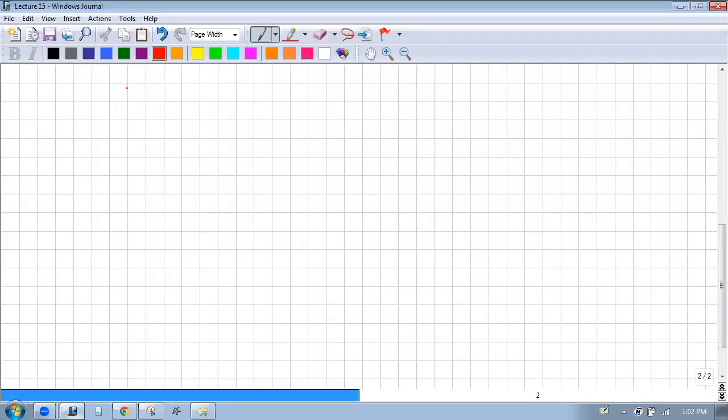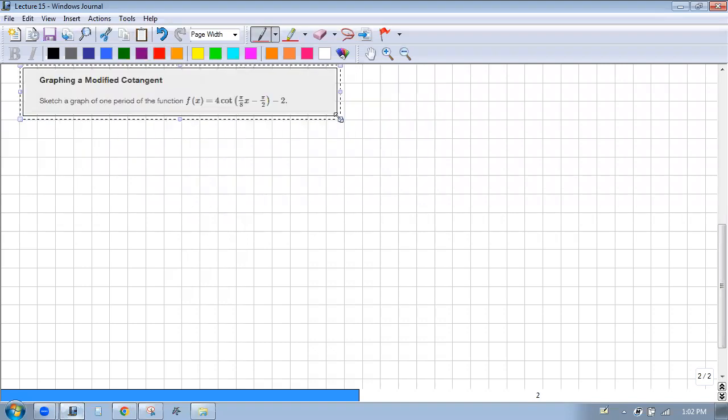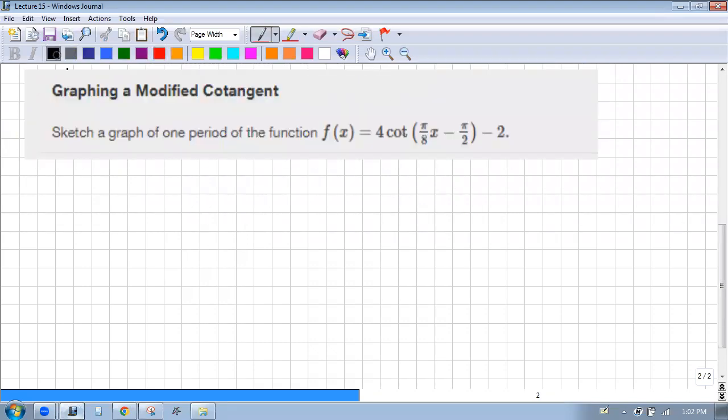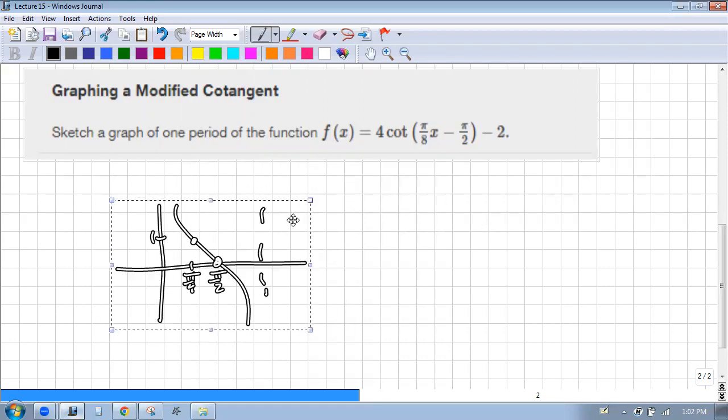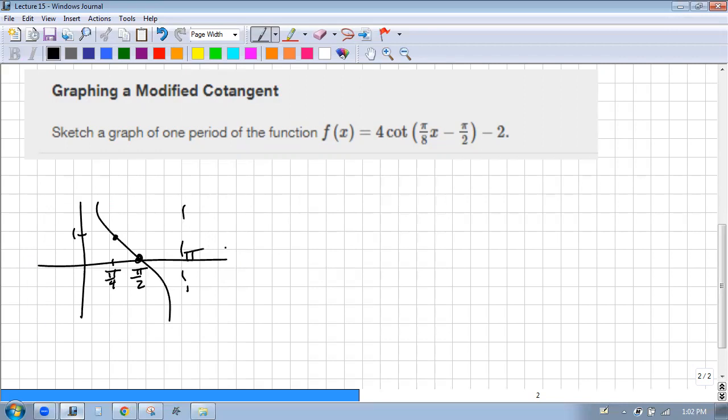So this one, they did a whole bunch of stuff to it. These are the hard ones. Normally cotangent would look like this, and we'd want to know where these points went. This would be at pi over 2, and this would be at pi over 4. This would give you 1. That's regular old cotangent, and this is pi.